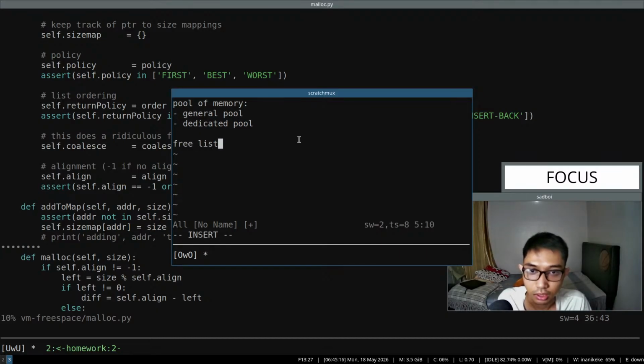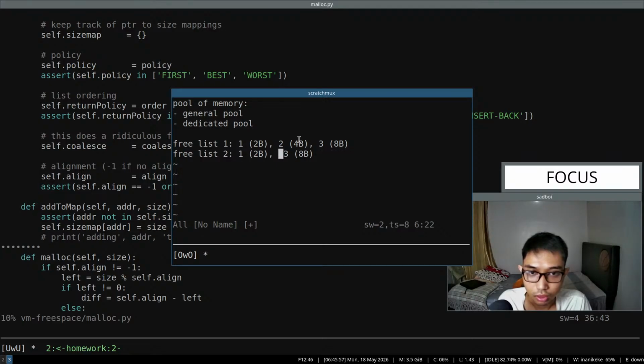Let's say we have three lists, 1, 2, 3, and then we use 2. Let's also provide the size. I guess this one is 2 bytes, this one is 4 bytes, and this one is 8 bytes, and then we use this one, free list 2.